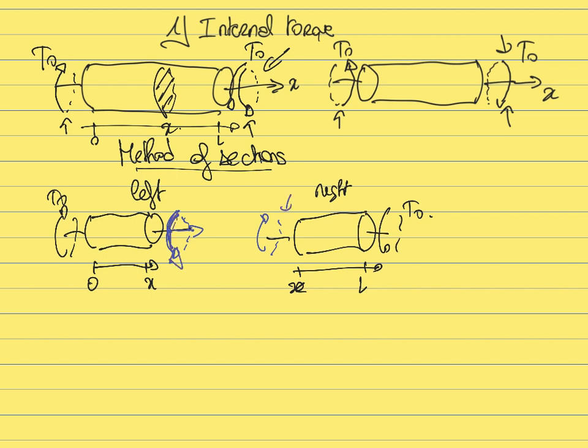Now, if we isolate the right part, this time your thumb will also point towards the outside, so it will point in this direction, and again your fingers would give you this direction for the internal torque.